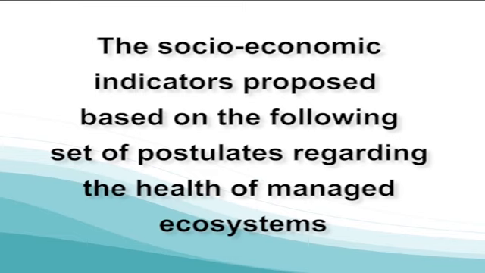The emphasis on socio-economic indicators here is not intended to diminish the importance of biophysical indicators, which are equally important in sustaining the health of the agro-ecosystems. The socio-economic indicators are proposed based on the following set of postulates regarding the health of managed ecosystems.